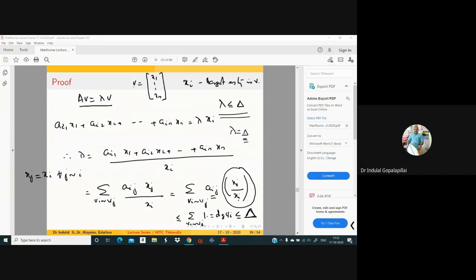Therefore, the entries in V corresponding to the vertices adjacent to Vi are all xi.